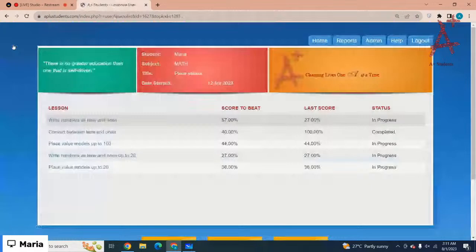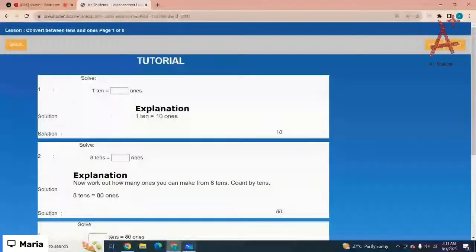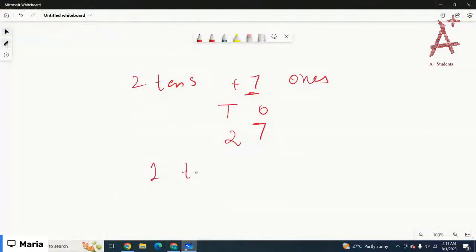The next lesson is convert between tens and ones. Let's just start with the next lesson. Okay, you're just given 110. You have to write it in ones. How many ones in 110? You are given just the digit at the tens position, right?